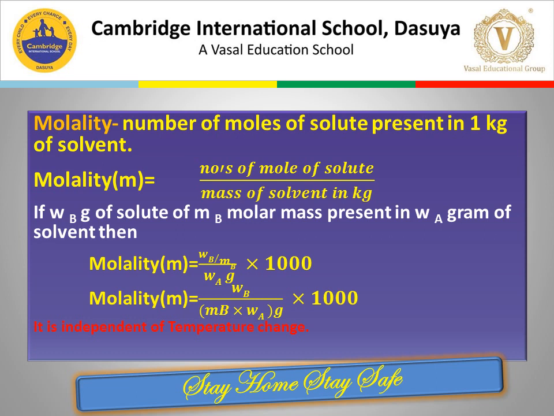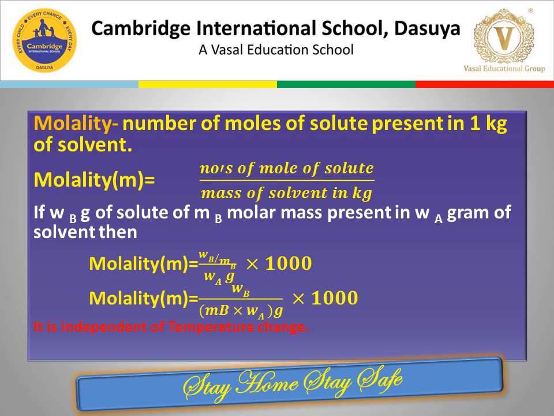Or the same molality can be written as m equals Wb upon Wa into Mb, where Wb is the weight of the solute, Mb is the molar mass of the solute, and Wa is the weight of the solvent. And if it is in gram, then we need to multiply by 1000.